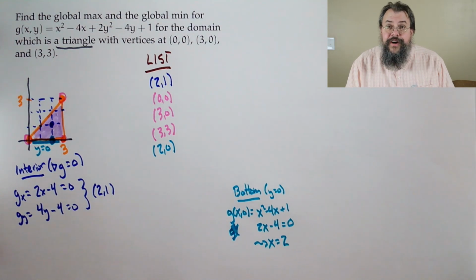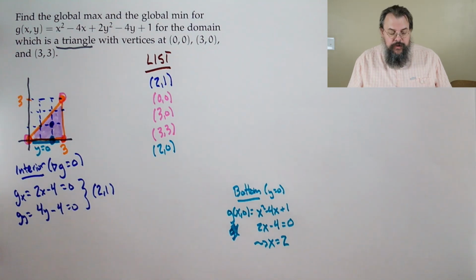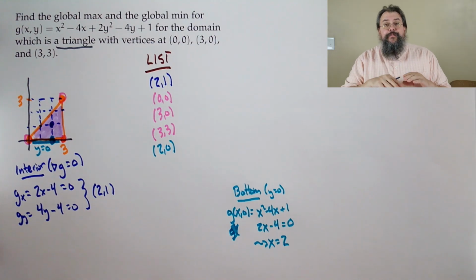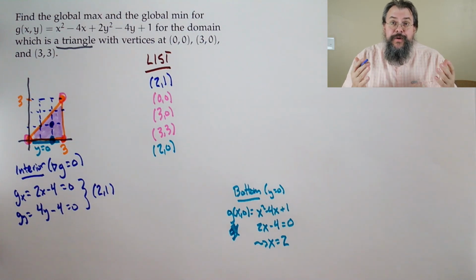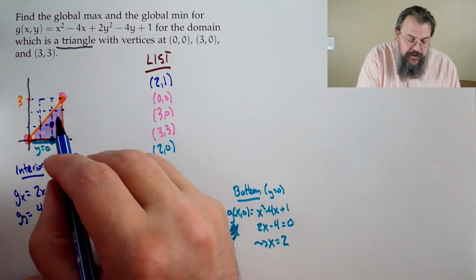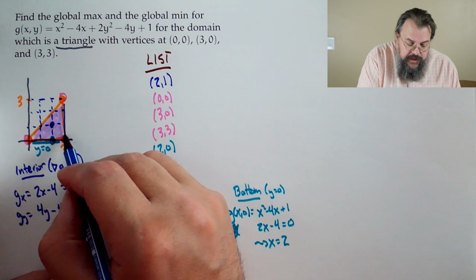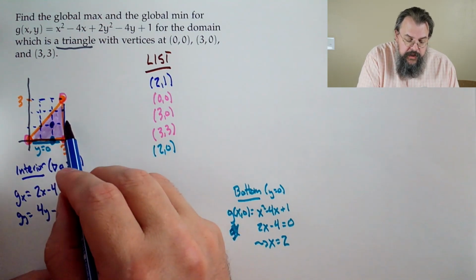Good. Well, next up, we need to go to, say, the right-hand side. By the way, it doesn't really matter the order in which we do the edges. We just have to make sure we do all the edges. So, for the right-hand side, what's that? Well, x equals 3.